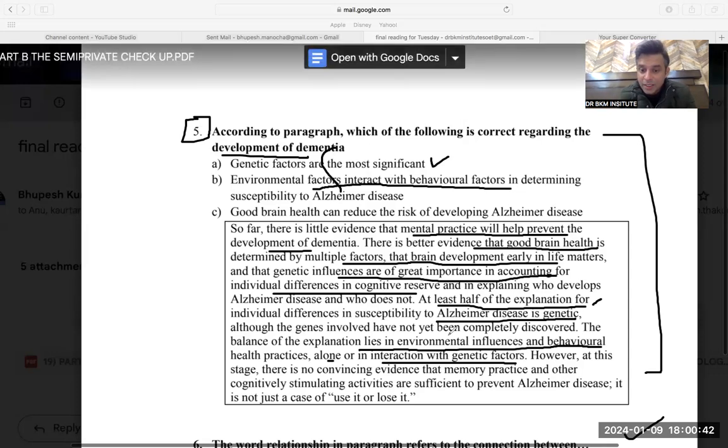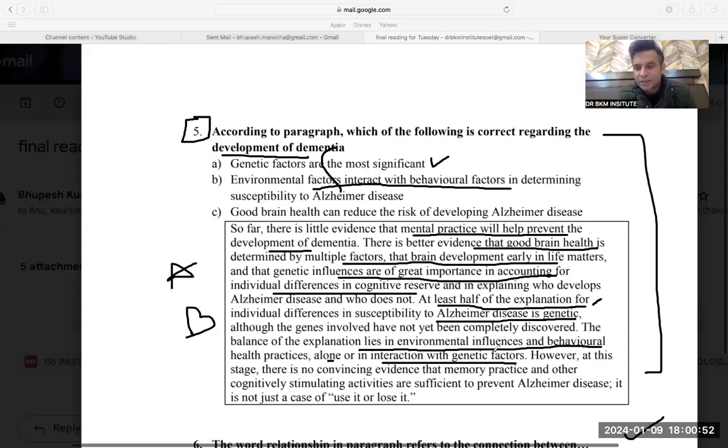Environmental factors, suppose it is A. Behavioral factors, suppose it is B. They are saying A and B interact with genetic factors. So A and B are interacting with genetic factors. They are not interacting with each other. So A interacts with B, no, eliminated. That is what the elimination method is.